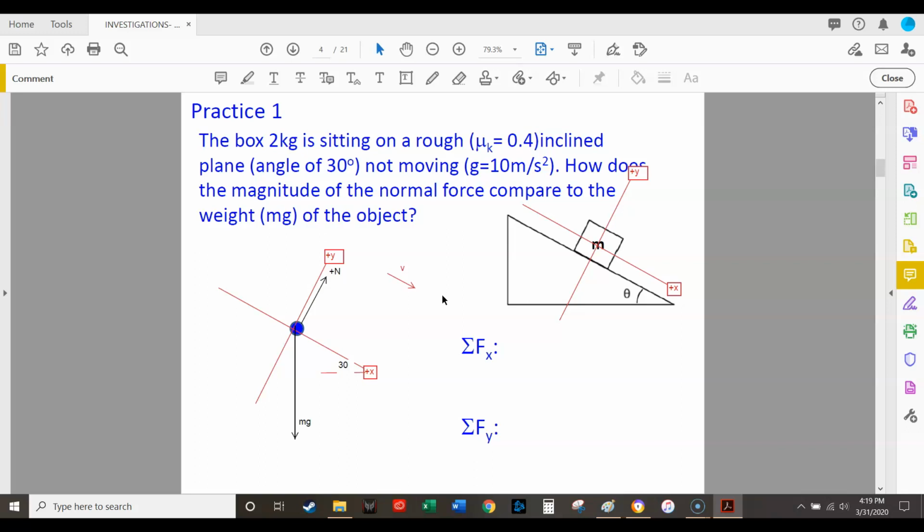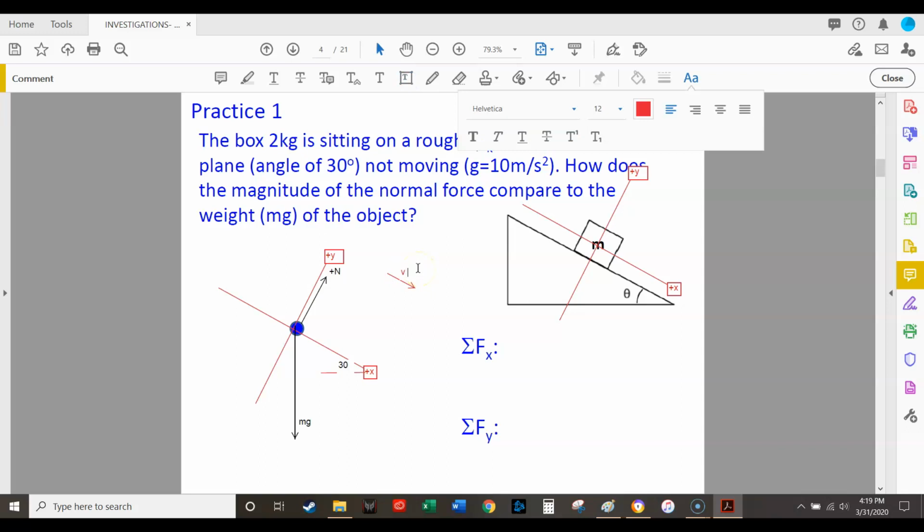And the reason why I'm talking about this is I need to think about the direction of the friction vector. So it wants to slide down the plane, but something is holding it up. It would want to slide in this direction, but the object is not moving. So we know the object is not moving.